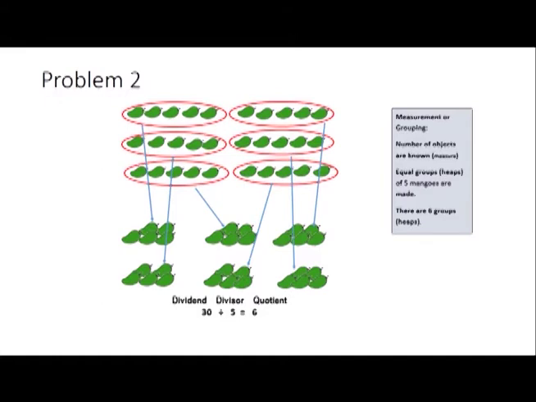Our divisor in this case refers to the group of 5 mangoes. And our quotient, which is the answer, is 6, meaning we have gotten 6, 1, 2, 3, 4, 5, 6 heaps of mangoes.